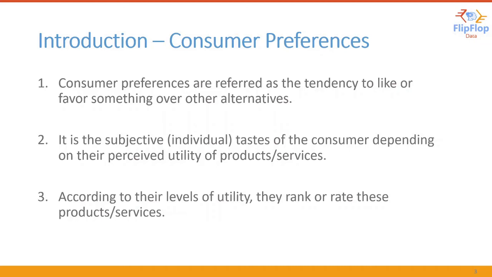So, what the consumer is always interested in is maximizing consumer surplus, which is nothing but value minus price, wherein the consumer is satisfied when their perceived value is greater than the price they pay for the product.